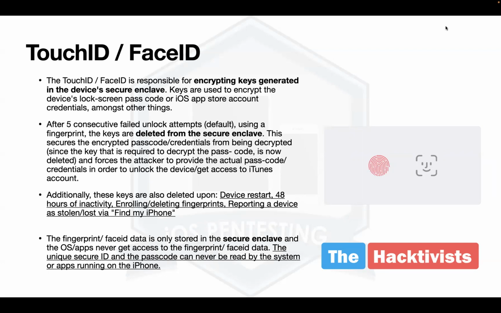Now, Touch ID and Face ID have specific timings when they will be active and when they will not be active. For example, after we set up Face ID or Touch ID for the first time, all of the time it will not be using the same encryption key. And this is one of the best security measures which iOS devices are doing.